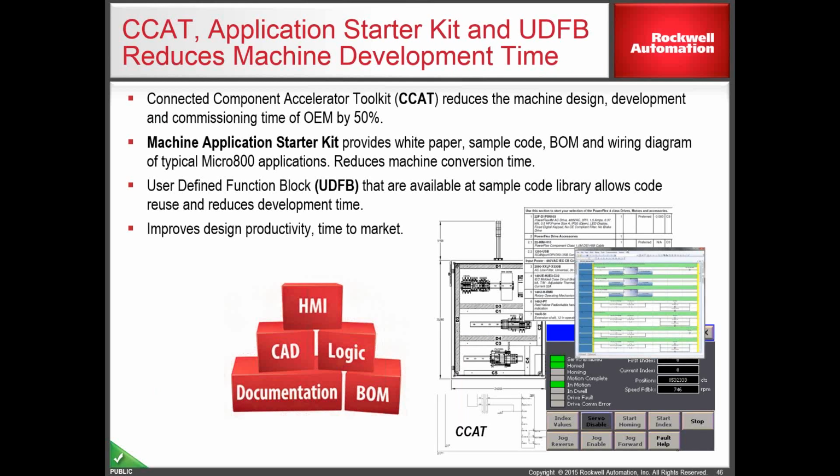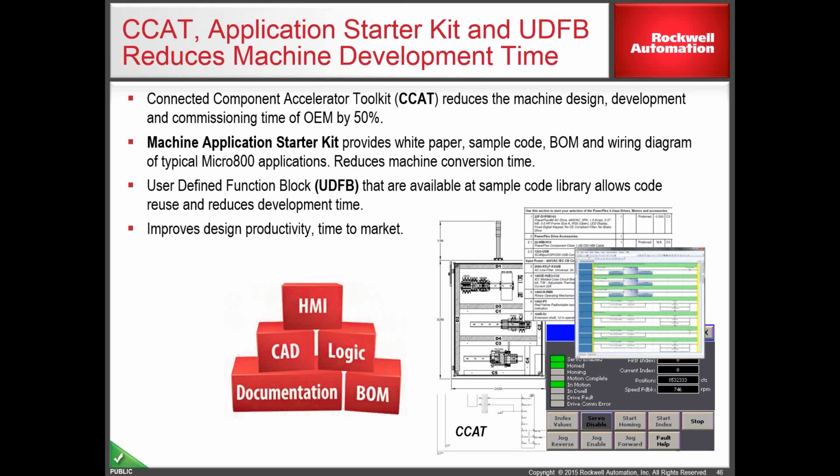Then we have the accelerator toolkit. Today machine builders are investing a lot of time in developing their machines, their logic, the bill of material, the wiring diagrams, and everything. So we have this Connected Components Accelerator Toolkit, which is a starter kit.